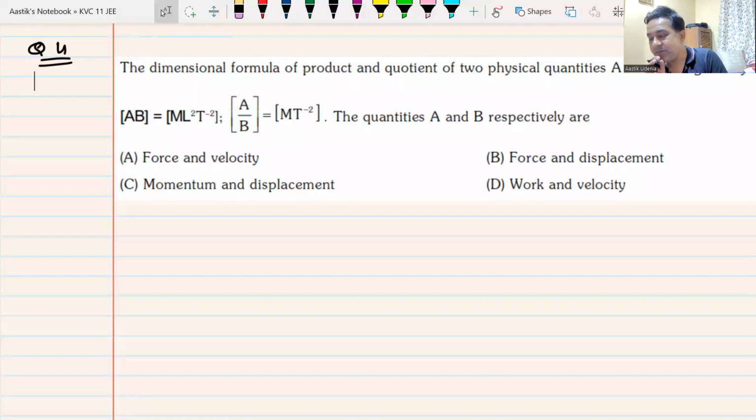The quantities A and B are, obviously this can be more than one option correct, or only one option correct as well. You will have to gauge.